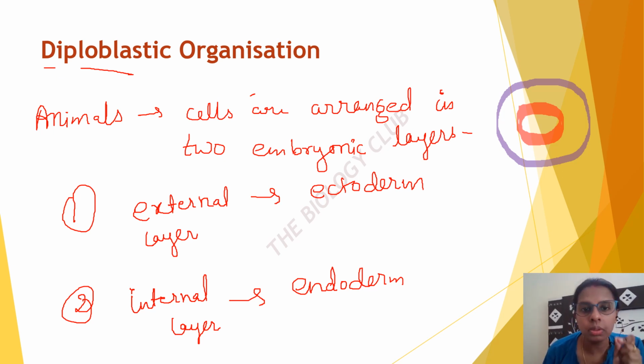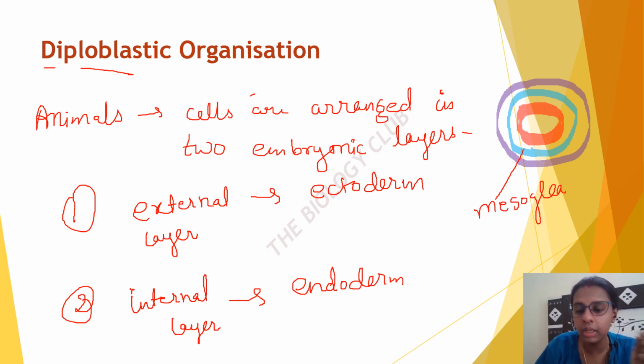In between these two layers, there is one undifferentiated layer. The scientists have not yet figured out how the layer is situated there, what the shape of that particular layer between these two is. There is one layer like this which is undifferentiated. Cells are not visible correctly, so they call it mesoglia.